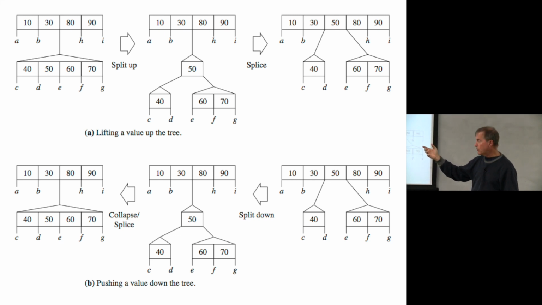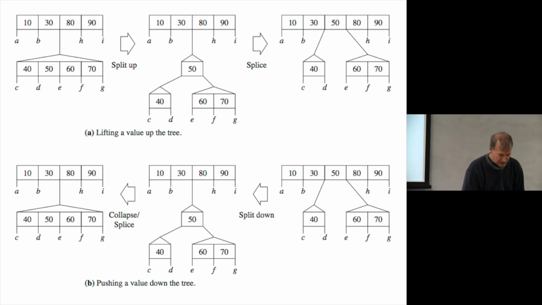But now with removal, we're going to use part B of the figure. And so instead of combining split up and splice, we're going to be combining split down and collapse splice. Are you with me? So that's just the main idea of how removal is going to work.